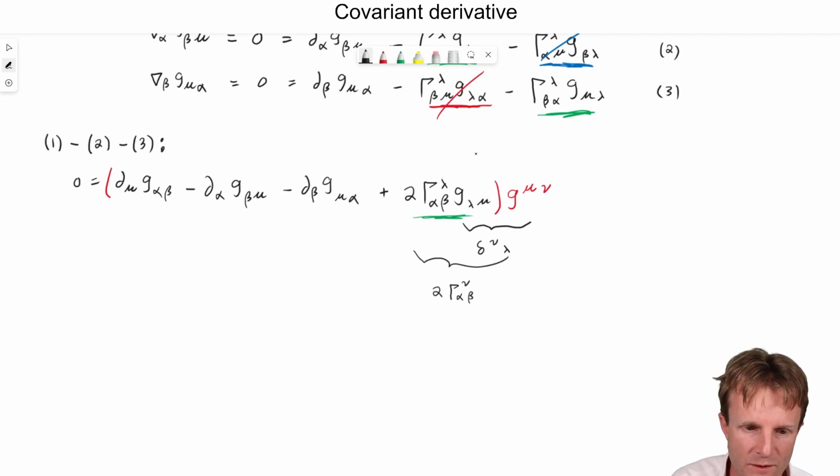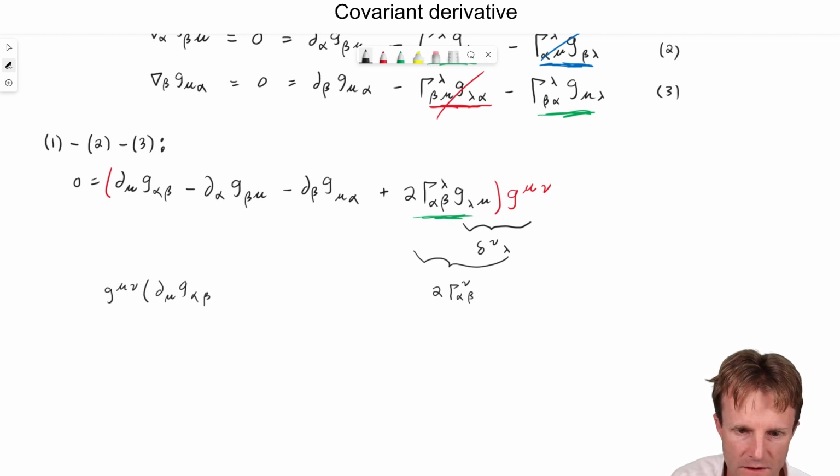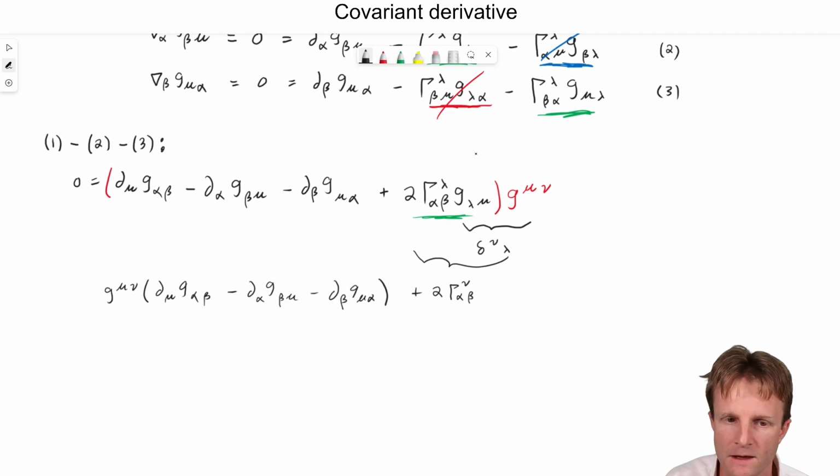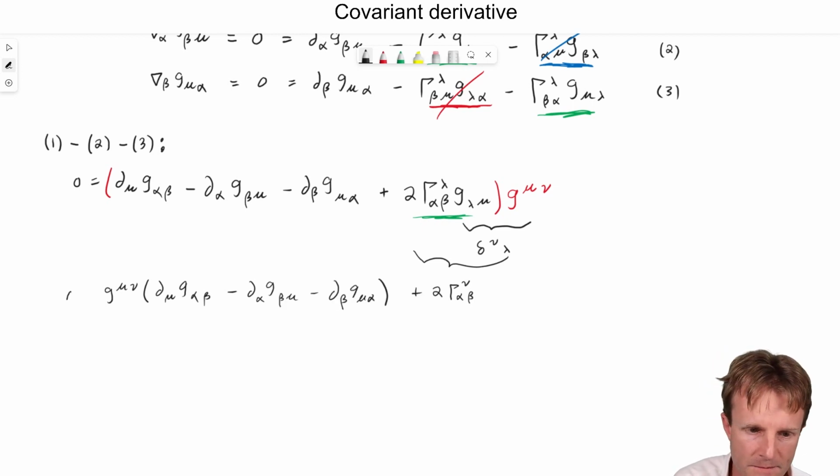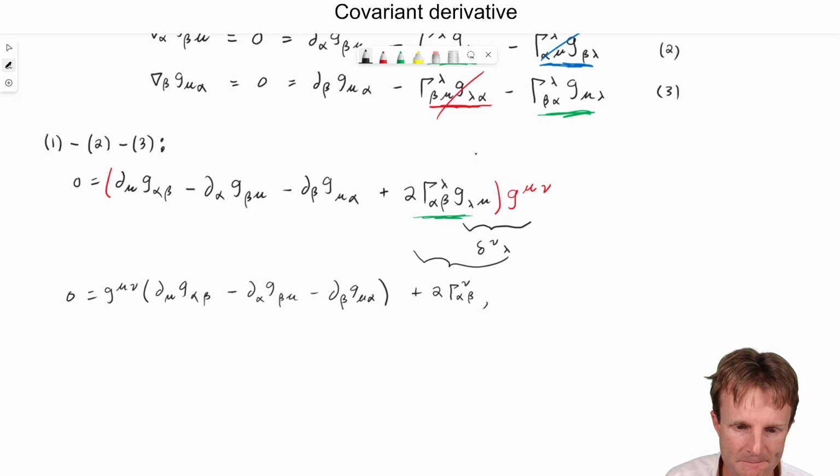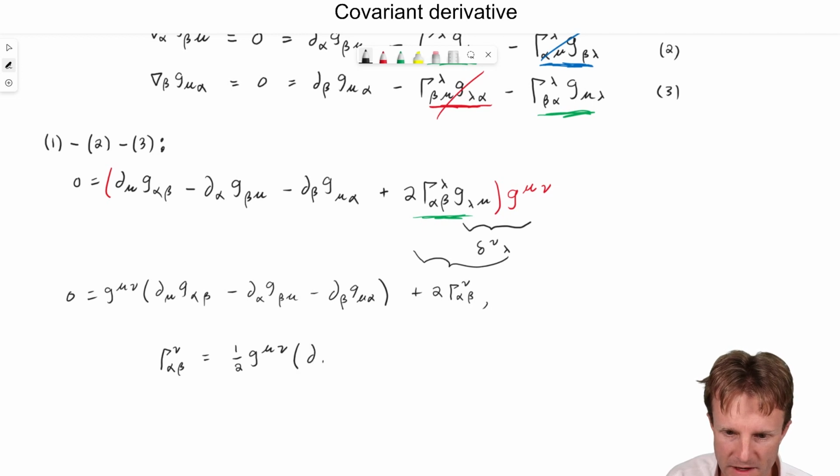And then we also have the remaining terms got multiplied by the inverse metric g mu nu. So let's write those out again. All of this is equal to 0. And now we have our formula. Christoffel nu alpha beta is equal to 1/2 times the inverse metric g upper mu nu times del alpha g beta mu plus del beta, and I'm going to write this as g alpha mu.